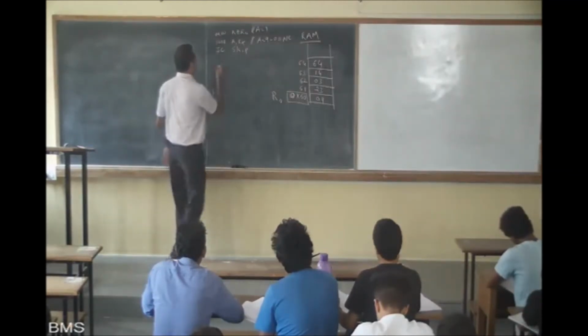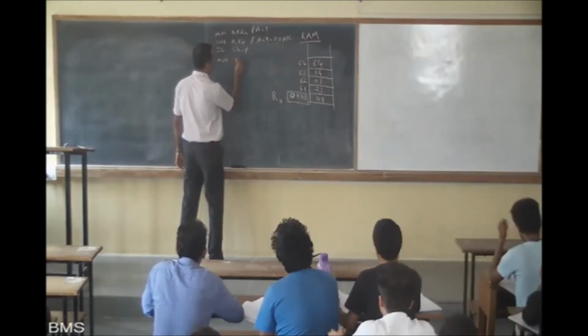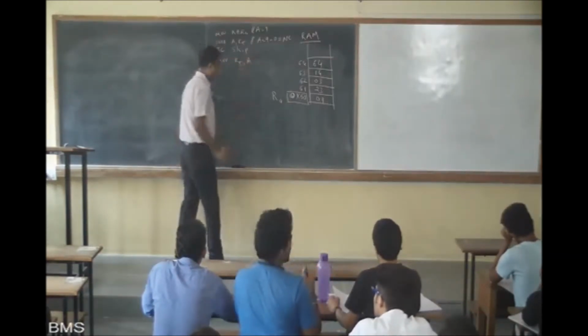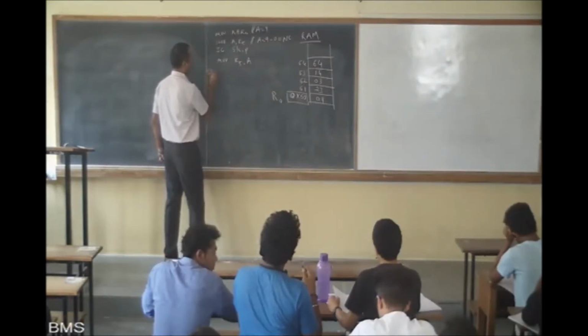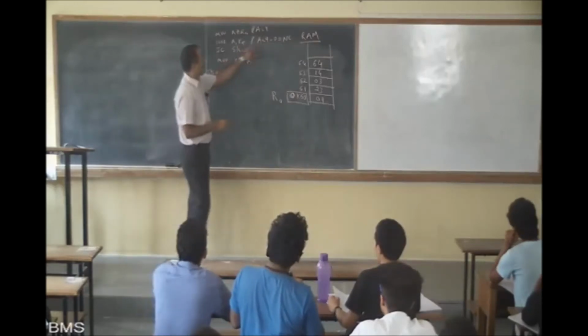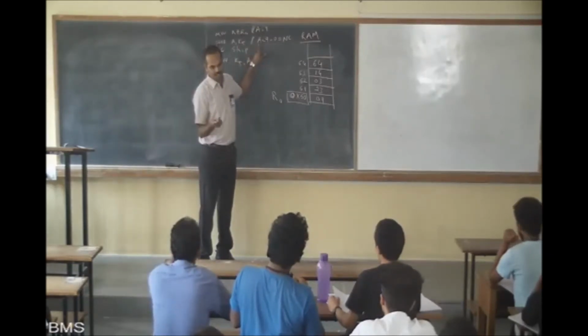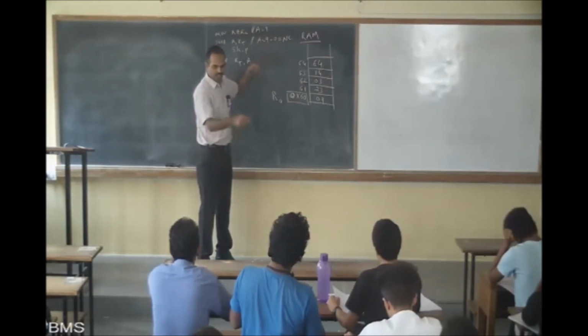I have to say move R5, comma A. Guys, understood this? If there is no carry, that means content of A is larger. Content of R5 is smaller. Clear, right?